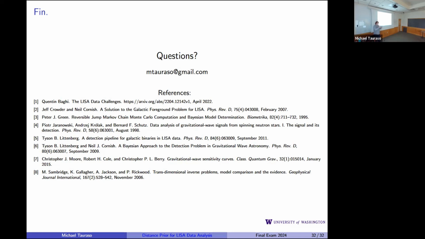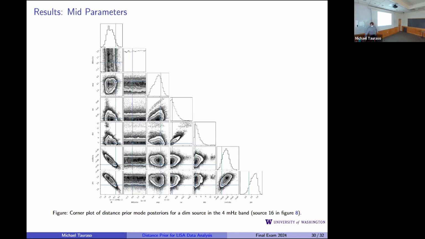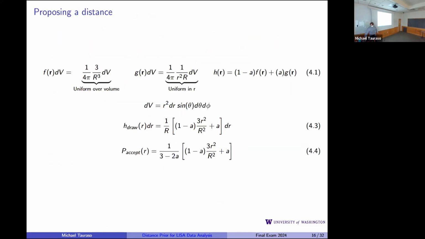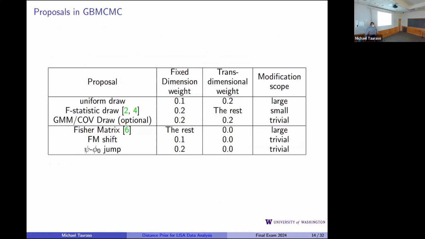With subsequent observing periods, and this is on my slides, but I didn't mention it, one of the proposals is used to take information from a prior catalog and use it to inform a future search.